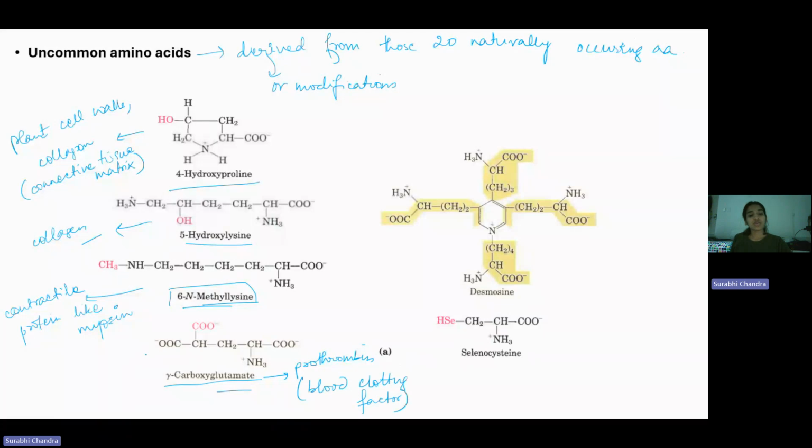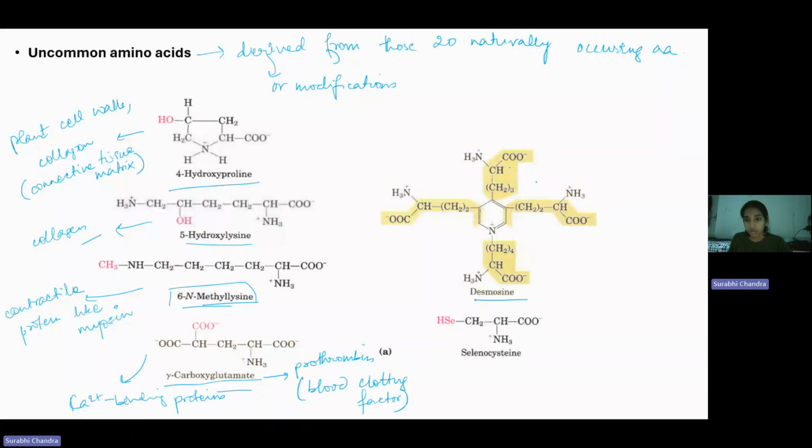Okay. It is also found in amino acids like, as in proteins, especially proteins which bind to Ca2 plus, Ca2 plus binding proteins. Okay. Then we have desmosine.